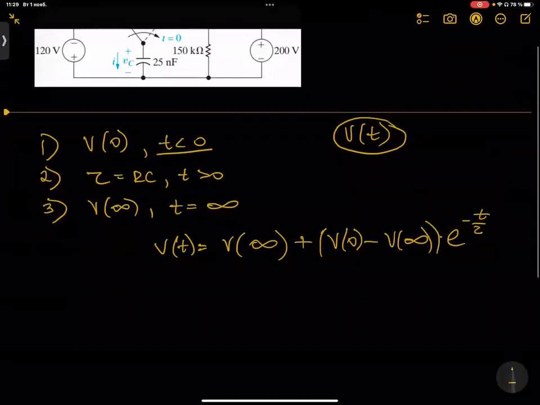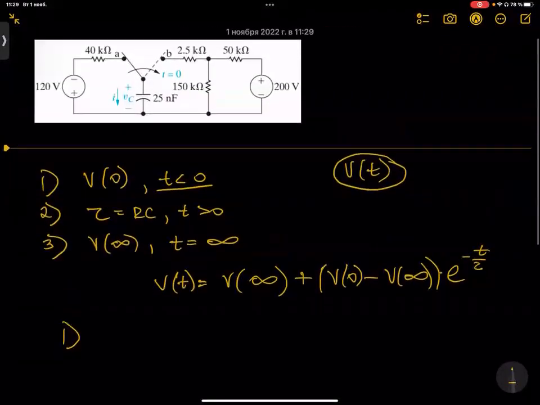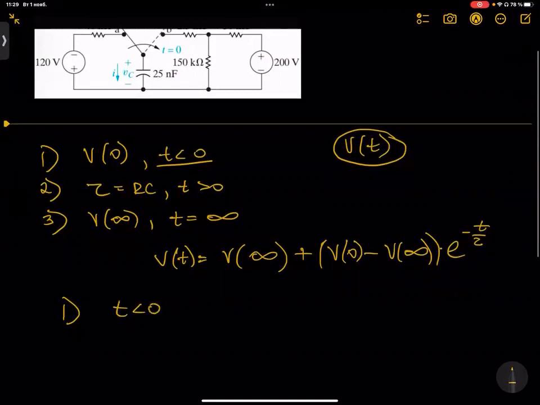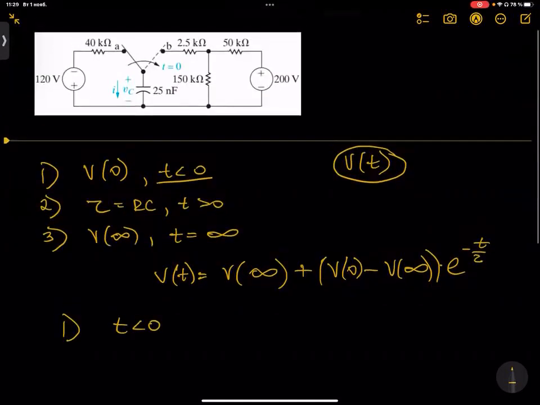So let's try to solve this problem. We're considering the case when t is less than 0, so let me draw this part.